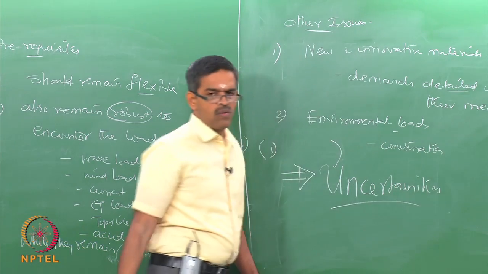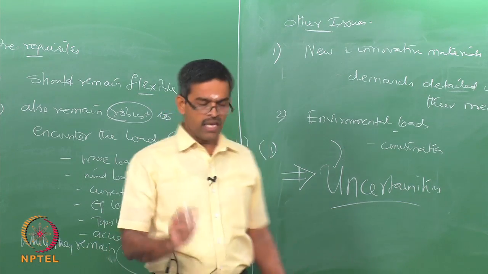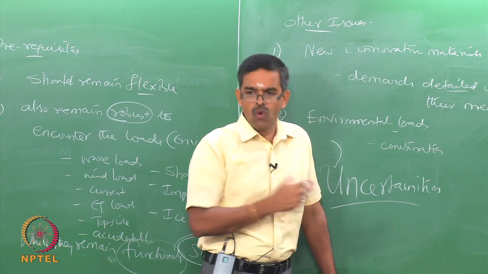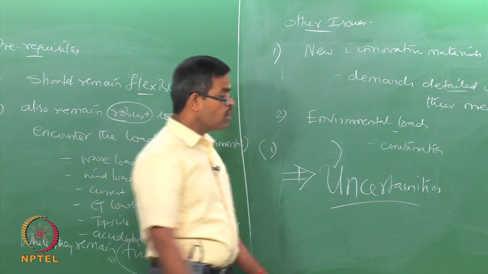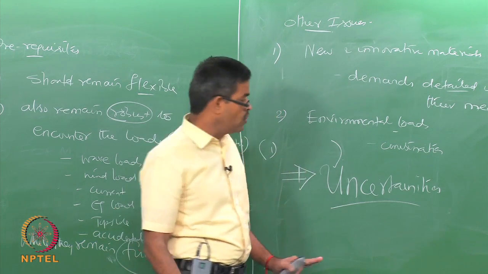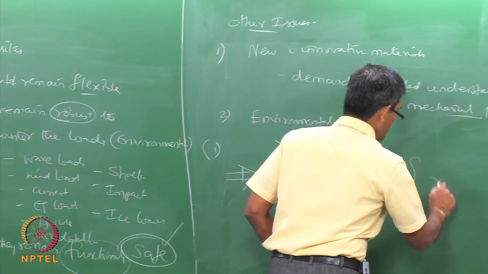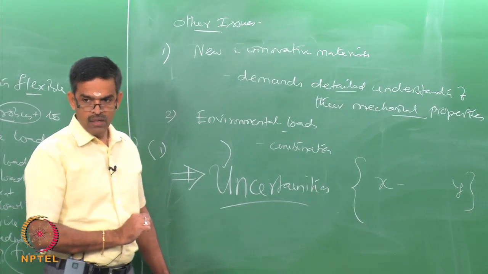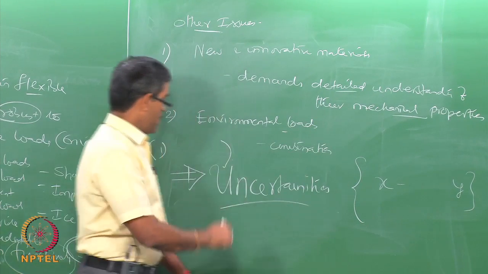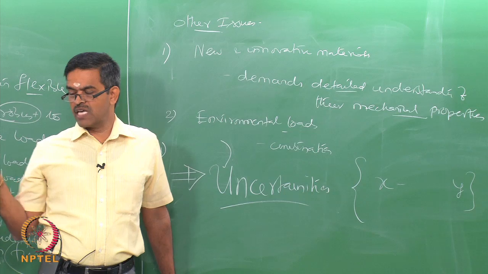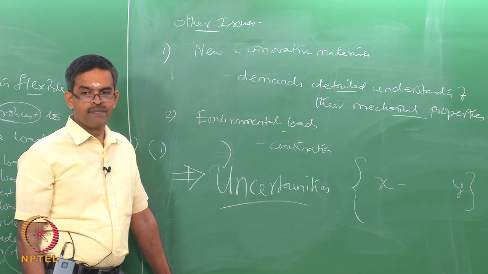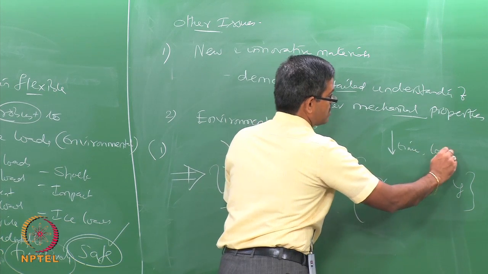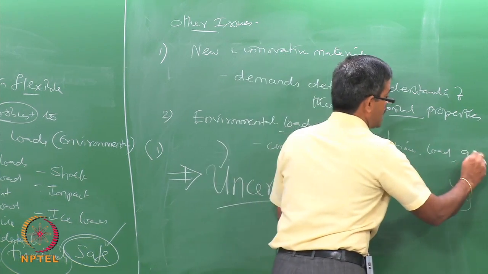In physical terms, what do you mean by uncertainty? Uncertainty is a variable or a parameter which is not known to you for sure. You know the value, can guess the value, but you do not know, amongst the values from x to y, what would be the value of the variable, maybe the material property, maybe the load magnitude, maybe the strength in the member etc., under a given point of time, under the given combination of load, at a given age of the structure.